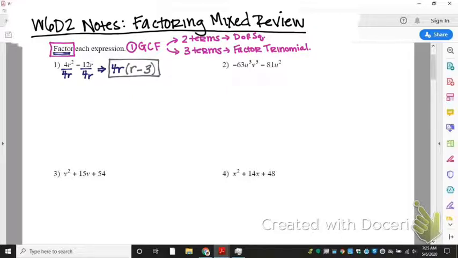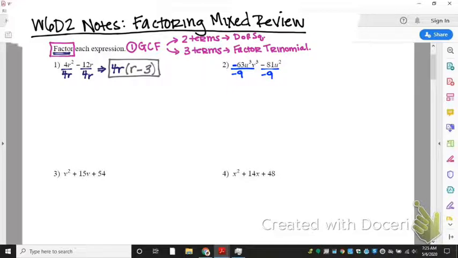But we are going to go ahead and factor that out. So if you look at 63 and 81, the greatest common factor between the numbers 63 and 81 is a 9. But again, because we have this leading negative in front, we're going to divide both of these not by just 9, but a negative 9.